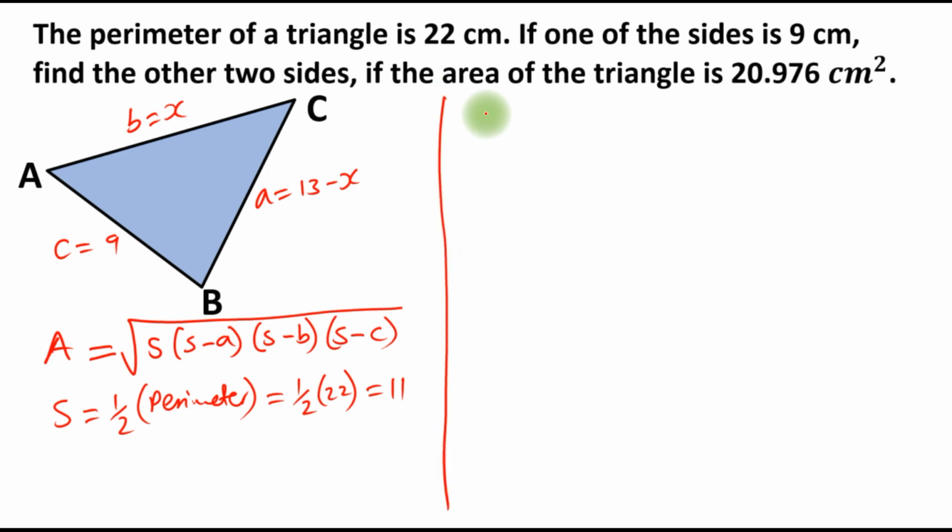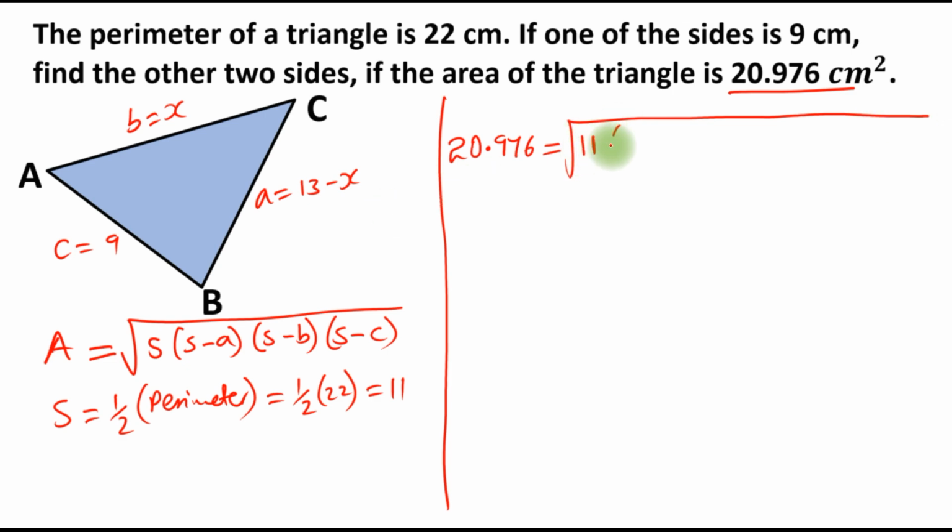So our area is 20.976. That's 20.976 is equal to the square root of S, which is 11, multiplied by S minus A, which is 11 minus (13 minus x), but this we treat as one bracket, otherwise we'll make a mistake.